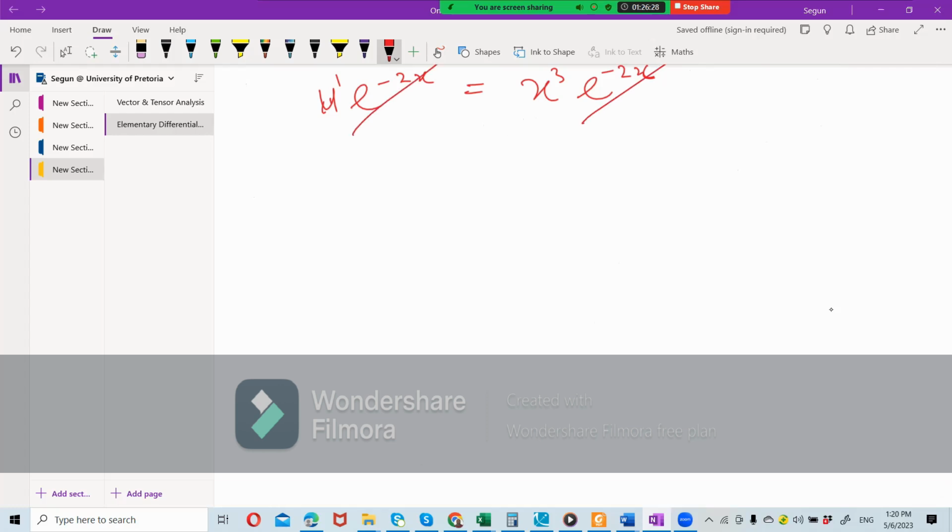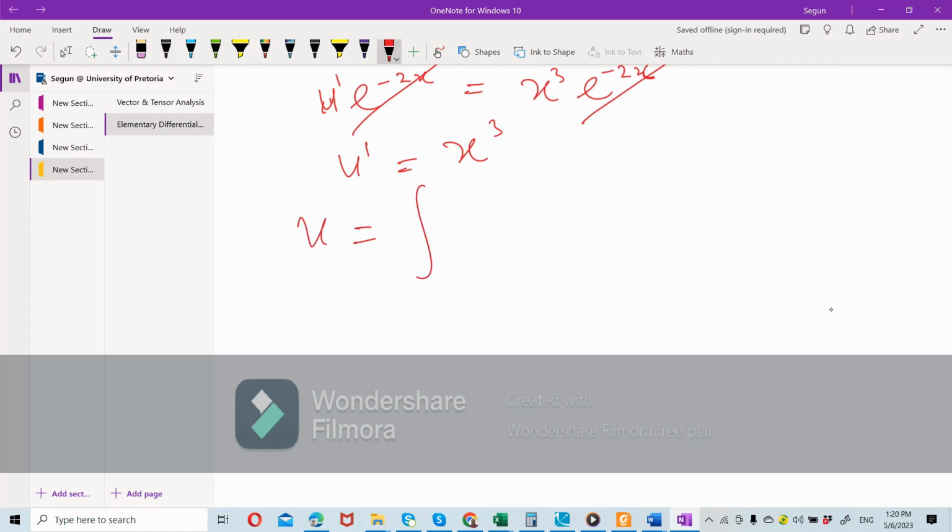This goes with this. With that said, u prime equals x cubed. So what's going to be our u? u will now be the integral of x raised to power 3 dx, which implies x raised to power 4 over 4 plus c.